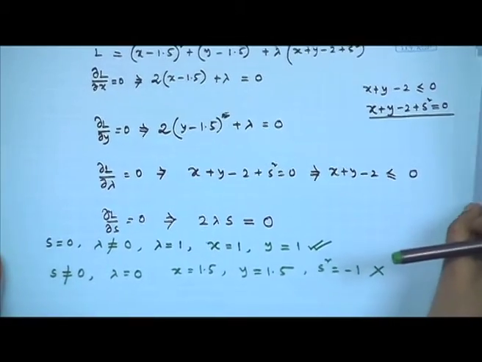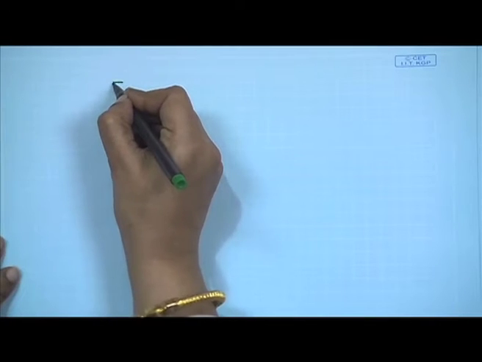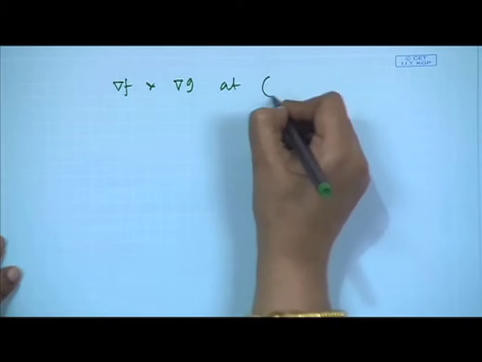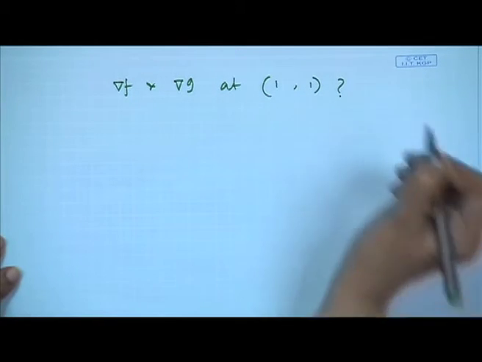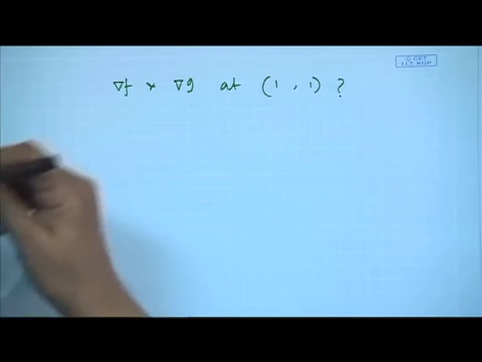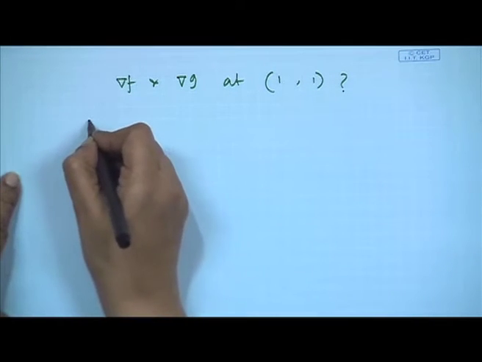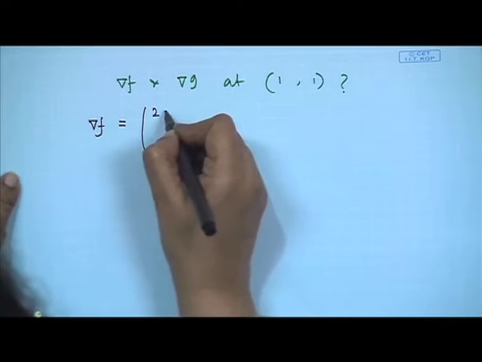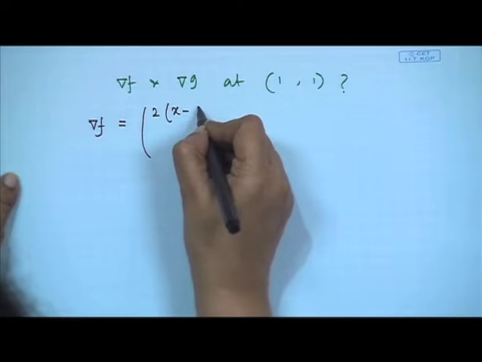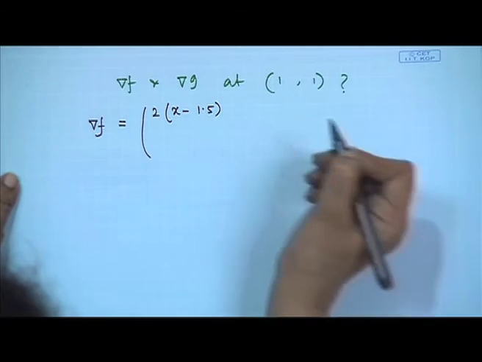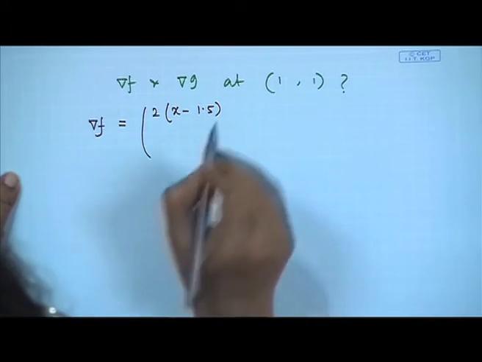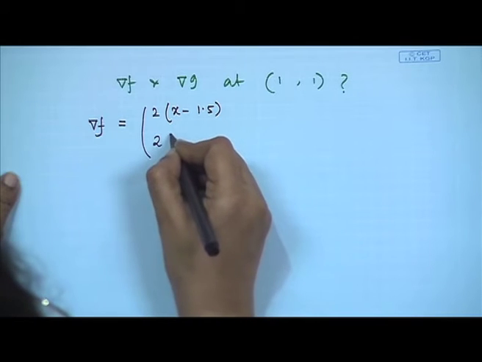What is our question? Our question is to find grad f and grad g at the optimal point, that is 1, 1. Let us try to calculate this. What is my grad f? Grad f is equal to 2 into x minus 1.5.